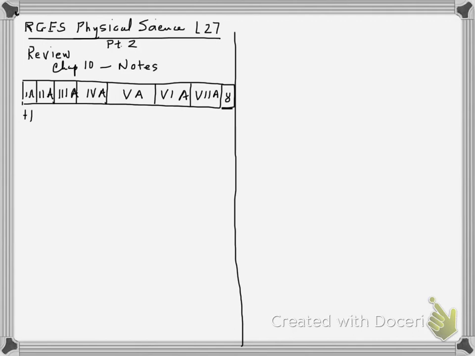So the 2A group, the alkaline earth metals, of course they have 2 valence electrons. They will tend to lose 2 rather than to gain 6 to fill that outer valence shell with 8 electrons. So because they lose 2, they have a +2 charge, and so we want to write that down. They will be +2.